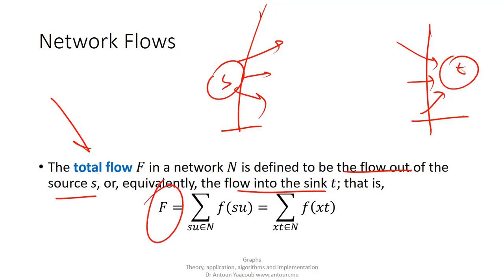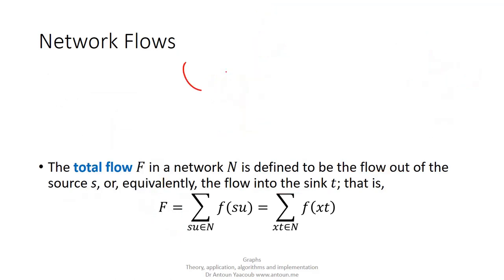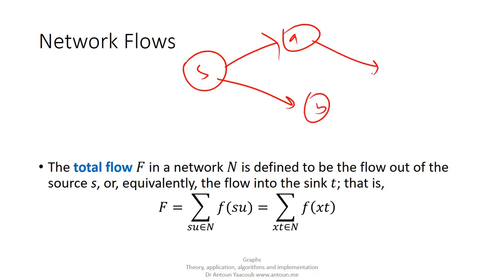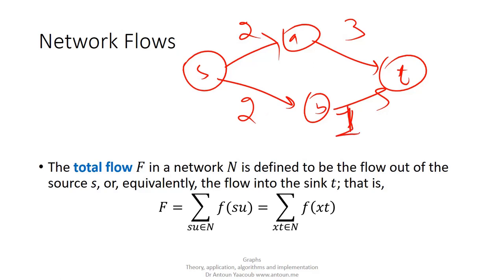Let me give you an example with this small network. This is S, this is A, this is B, and this is the sink T. I have capacities 2, 3, 2 and 1. I can send just 2 here, 2 over 2, 2 over 3.